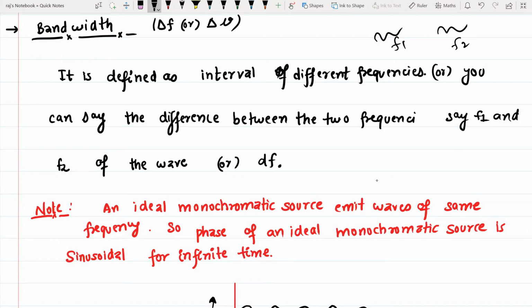Bandwidth is the interval of the frequencies, or the difference between them depending on which one is larger. It can either be f1 minus f2 or f2 minus f1. You can also define it as df. df is nothing but the difference of the frequency.